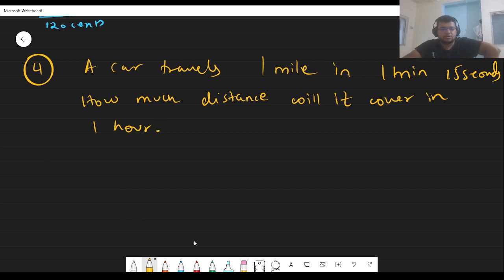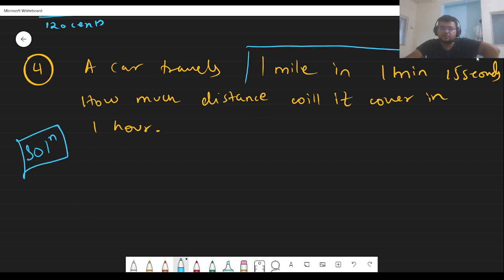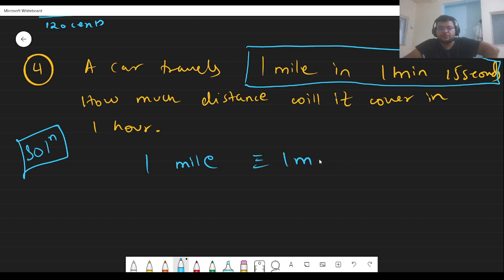Here, what conversion factor do we have? 1 mile corresponds to 1 minute 15 seconds.